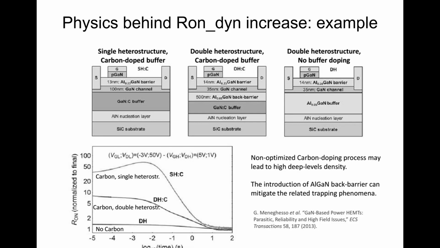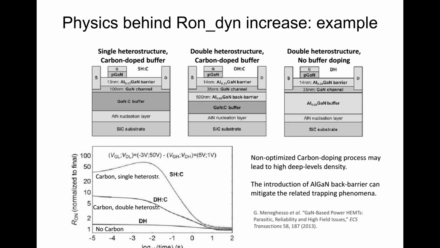If you get rid of the carbon, there's almost no recovery and no trap. So it's a nice way to identify carbon as the source of the current collapse here. So those things are also well understood.